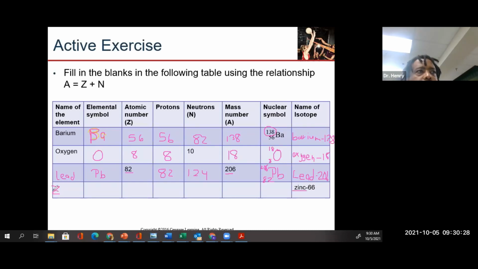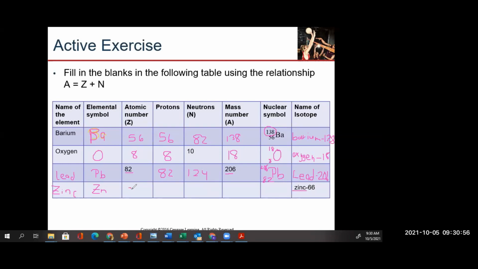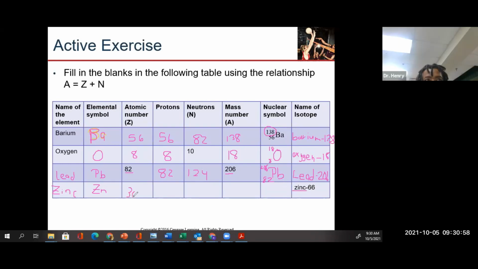The symbol for zinc? Zn. The atomic number for zinc? 30. Okay. Number of protons for zinc? 30.